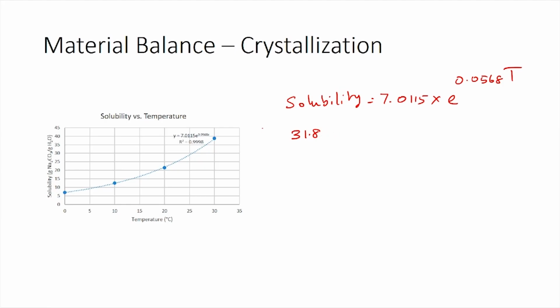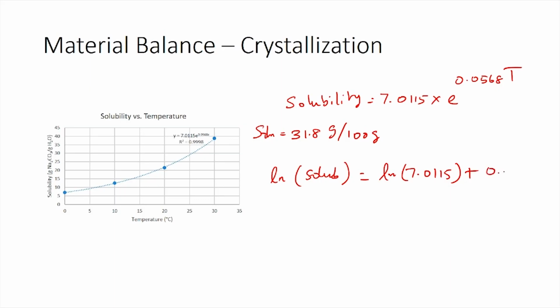So that needs to be used. Taking a logarithm on both sides, we get ln of solubility equals ln of 7.0115 plus 0.0568 T. Substituting the value for solubility here, we can calculate the temperature to be 26.6 degrees Celsius.